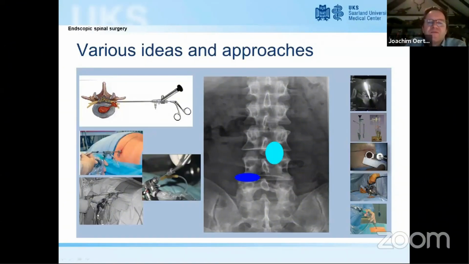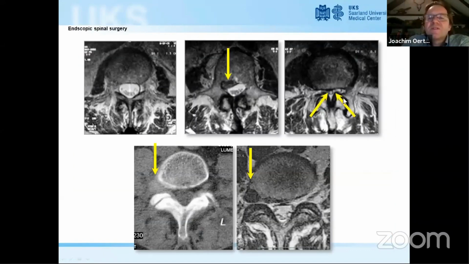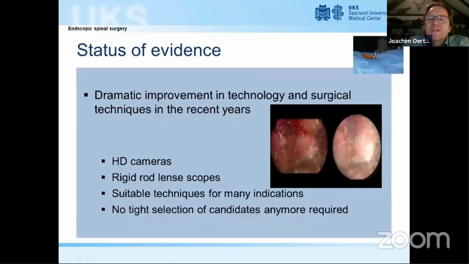These are the different indications: a standard medial lateral disc prolapse, a significant lumbar canal stenosis, or as you see here, an extraforaminal. When we look at the status of evidence, we have to evaluate only the most recent papers, let's say studies within the last 8 to 10 years, because there's a dramatic improvement in technology and surgical techniques in recent years.